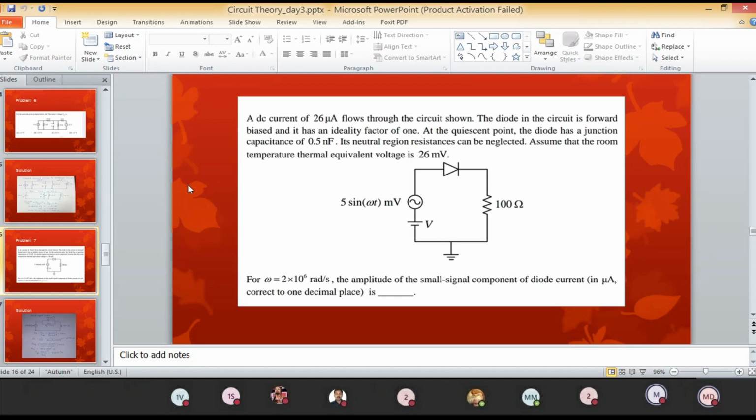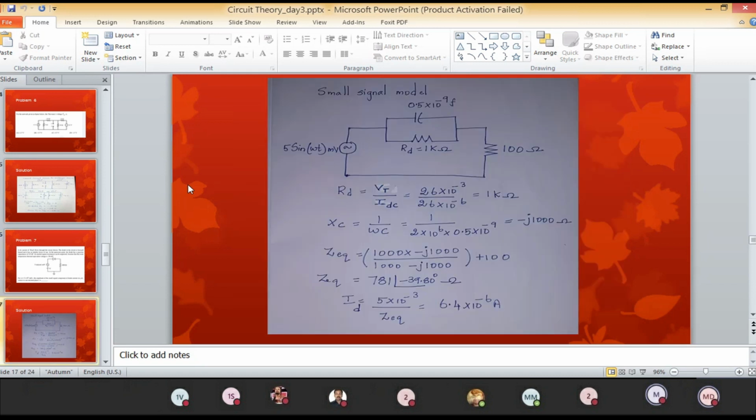You know that I is equal to V by R. Here R is equal to VT divided by IDC. Again omega is given as 2 into 10 power 6 radians. So the amplitude of the small signal diode current ID is nothing but input voltage divided by equivalent impedance. Even though it resembles a DC model, the input voltage is actually AC. Take that into picture.